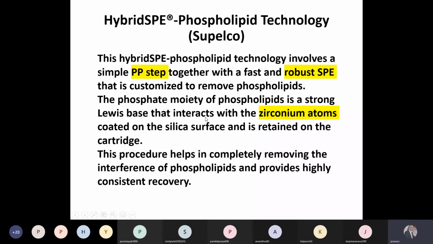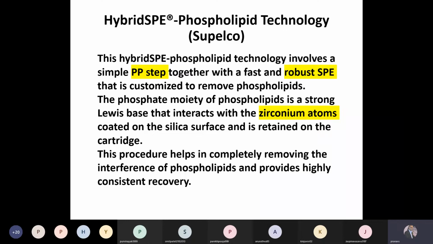And therefore, if we give a Lewis acid in the solid phase, and that is done through zirconium atoms. So zirconium atoms are coated on the silica surface, which is a Lewis acid. That Lewis acid combines with the Lewis base, that is the phosphate moiety of the phospholipids, and this helps in retaining or removing the interference of phospholipids.